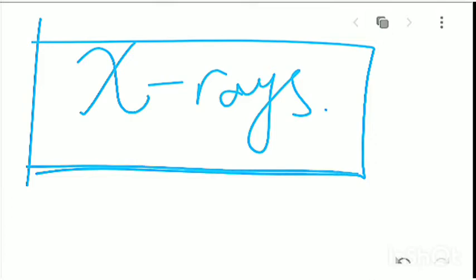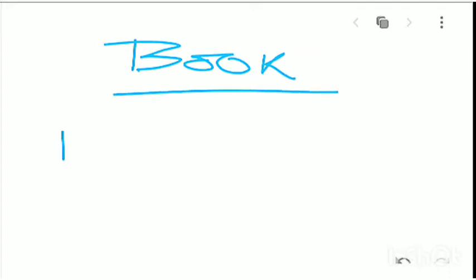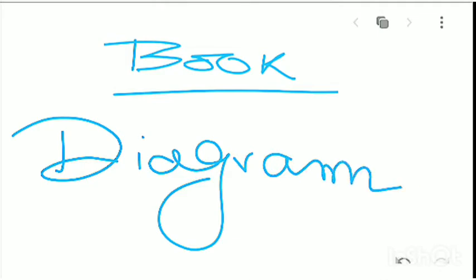I will ask each and every student to keep your book in front of you because we need the diagram of X-ray production. As it is very complex, we cannot draw it here. Understood? Yeah, I can show you the diagram here.